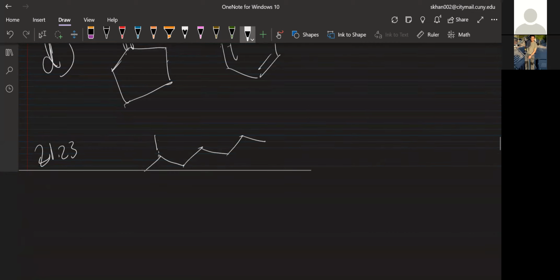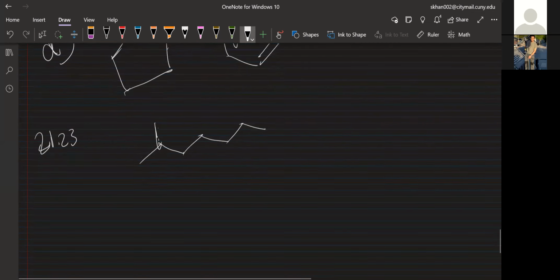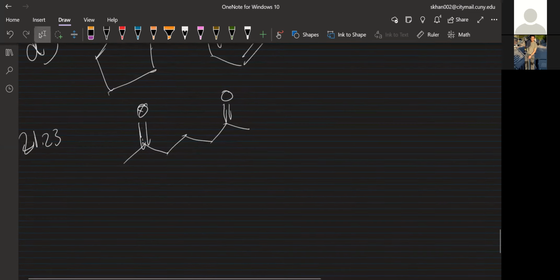So it should look like this. And that's your molecule. It is heated in the presence of aqueous sodium hydroxide, and a condensation product with a 6-membered ring is obtained. Draw the product and show a mechanism.